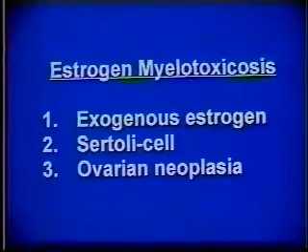We're going to see this particularly as a problem when we look at the hemogram, where these patients would have a leukopenia, thrombocytopenia, and severe anemia. The severity is assessed by doing a bone marrow examination to see whether we have a hypoplastic or an aplastic situation. Ferrets are also extremely susceptible to estrogen myelotoxicosis as well.